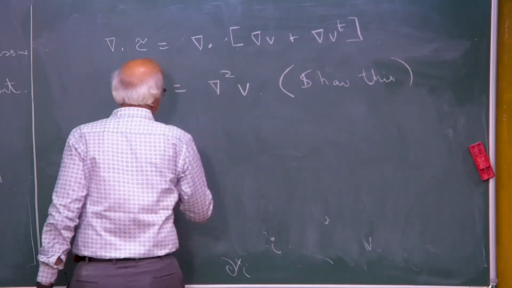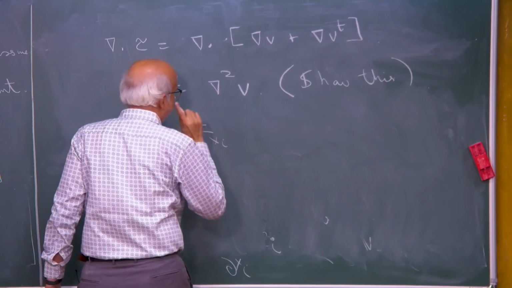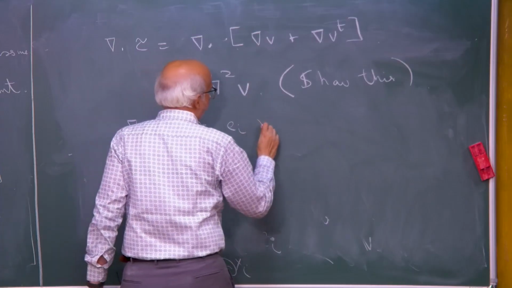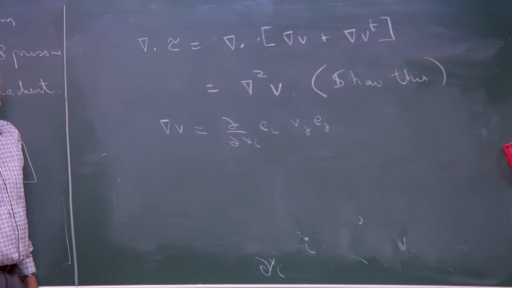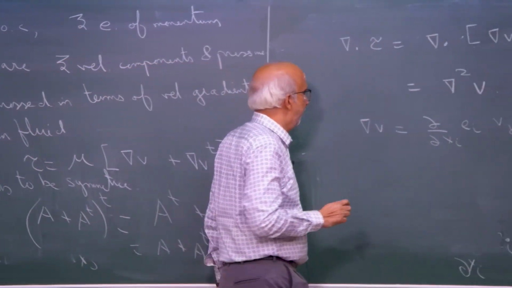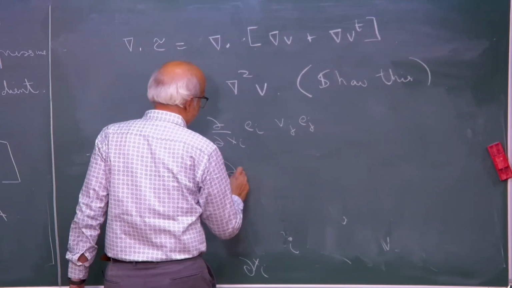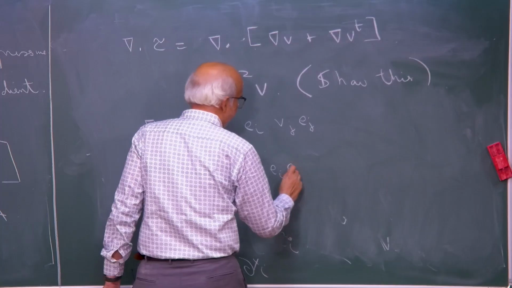Gradient of V is written as d by dx_i e_i, d_j e_j, and this is written as d by dx_i of V_j e_i e_j.